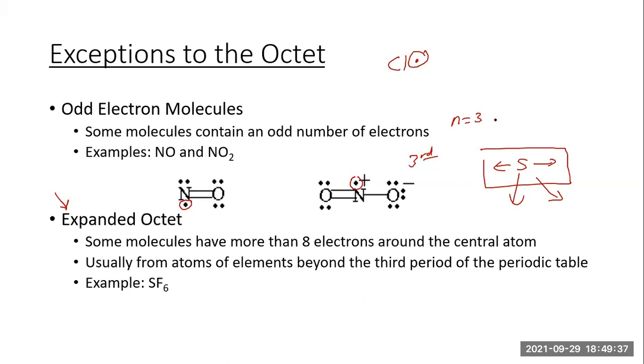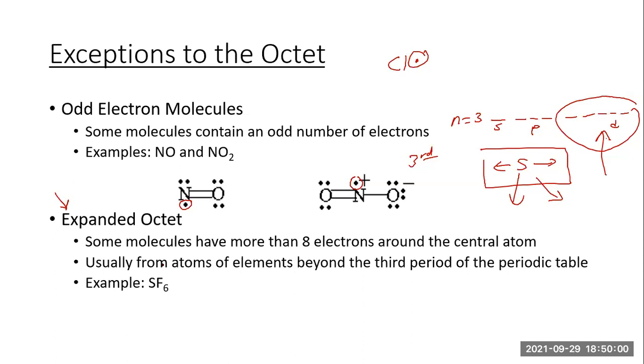And on the n equals 3 level, there are s orbitals, there are p orbitals, and they do have d orbitals available to them to basically house the extra electrons. So although they may not be using them, they have the d orbitals available to them to house those electrons, and they can sometimes go over it.